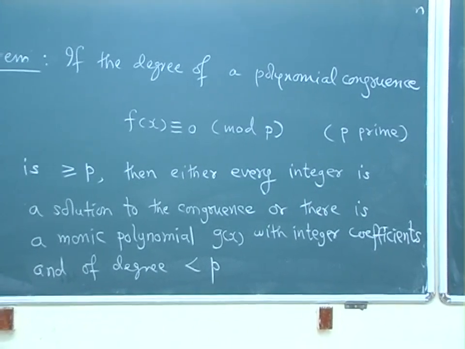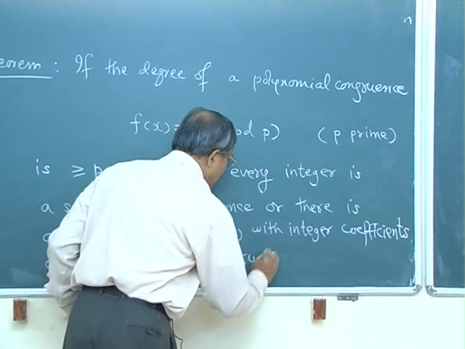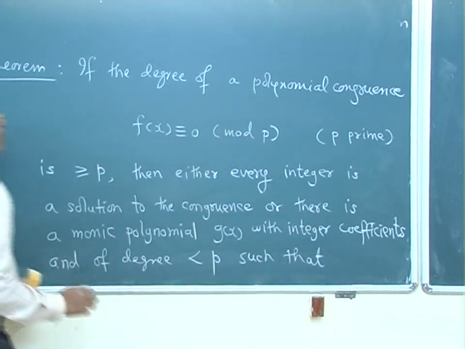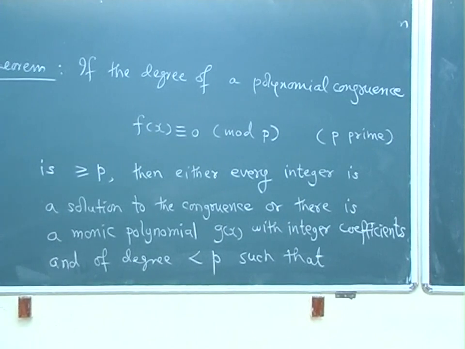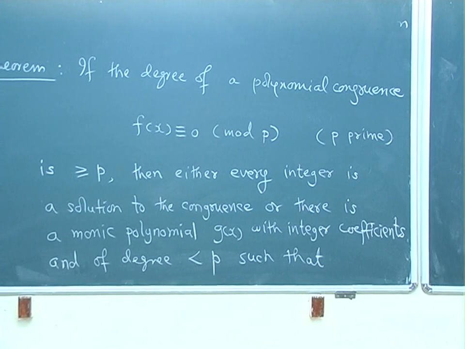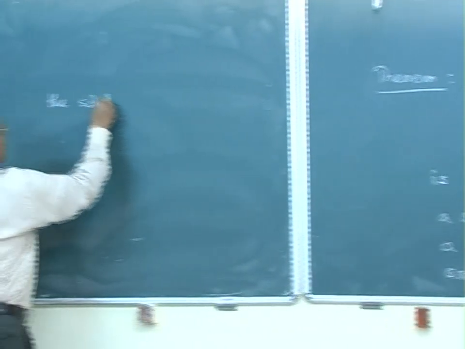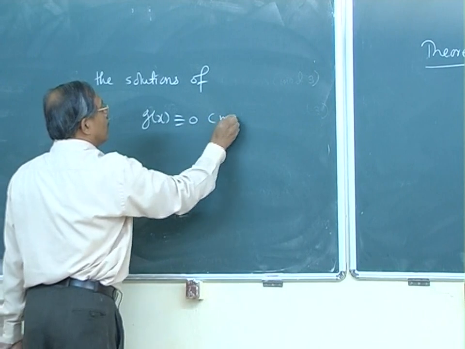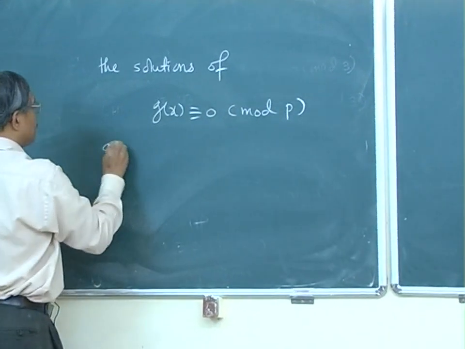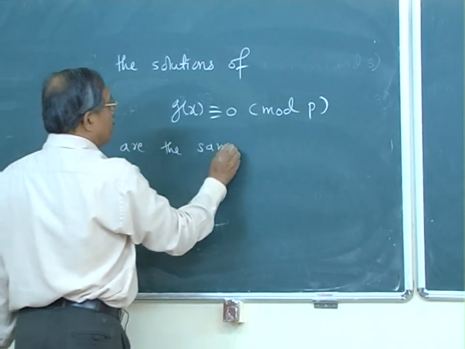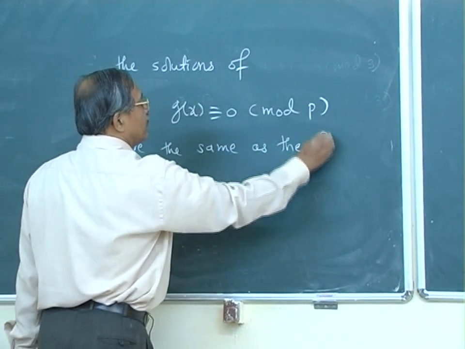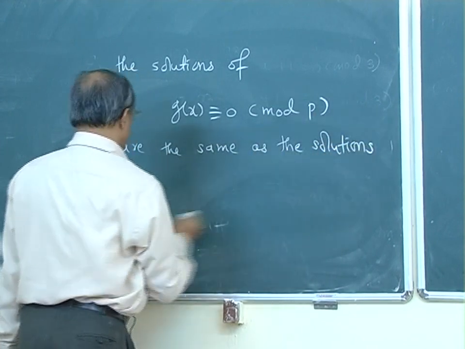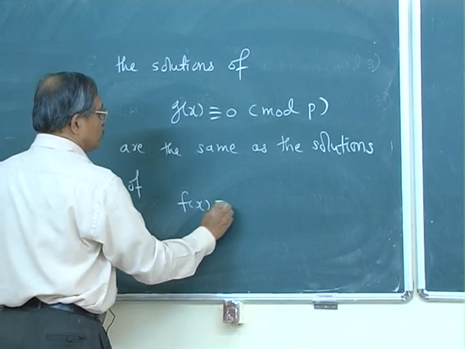such that the solutions of this polynomial g(x) congruent to 0 mod p are the same as solutions of the given congruence, such that the solutions of g(x) congruent to 0 mod p are the same as the solutions of f(x) congruent to 0 mod p.